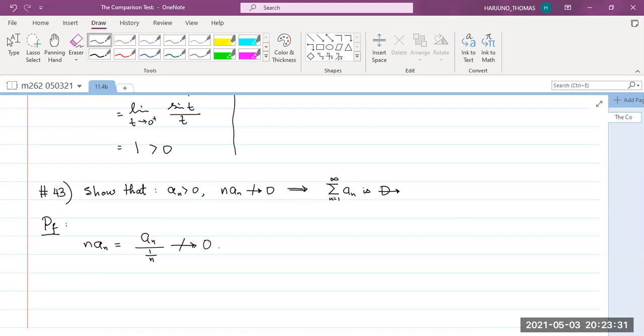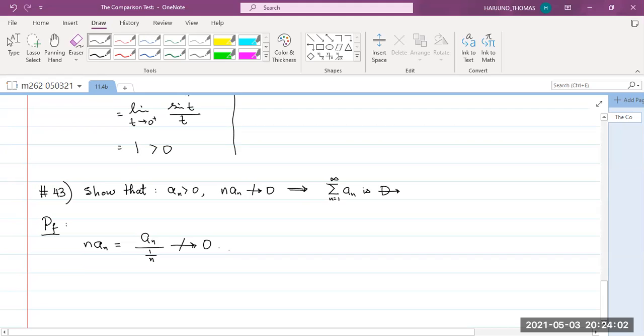We need number 42 to answer this question, or is it 42 or 40? If this is not converging to 0, it's either converging to a finite positive number, or to infinity.